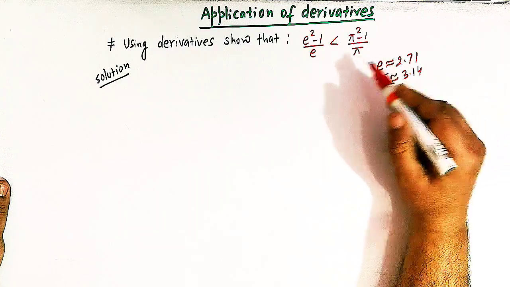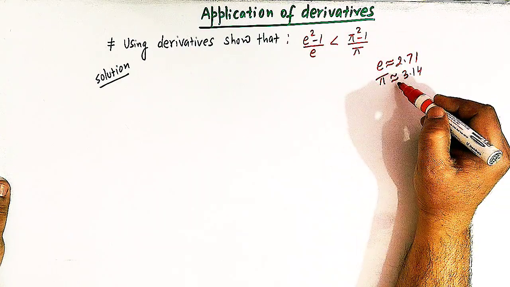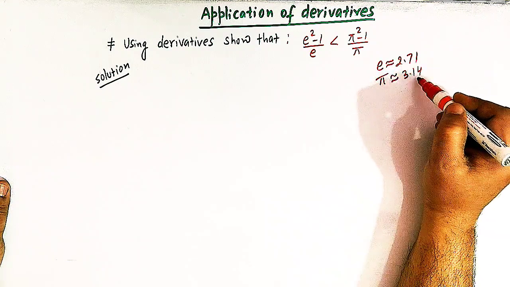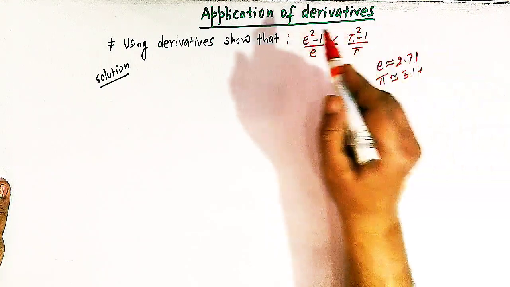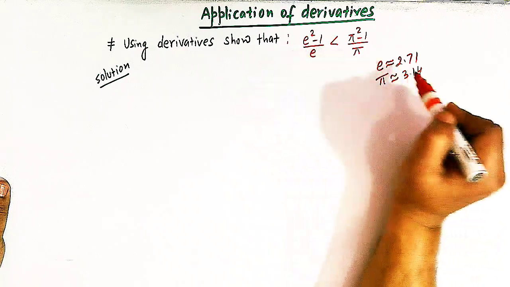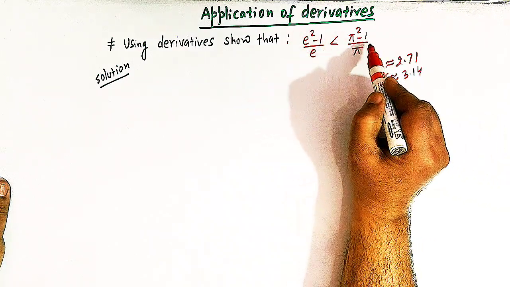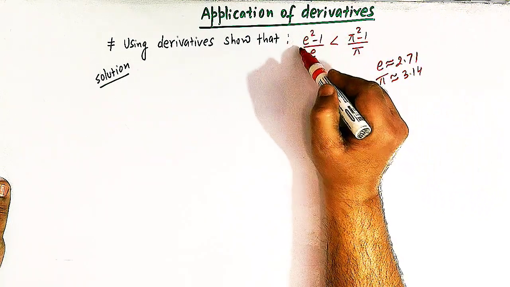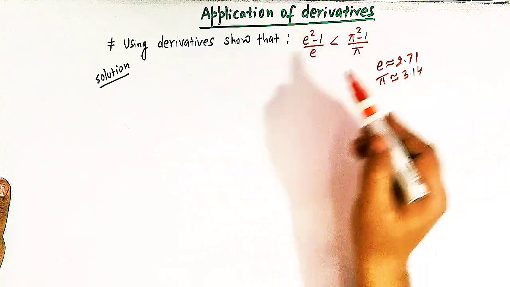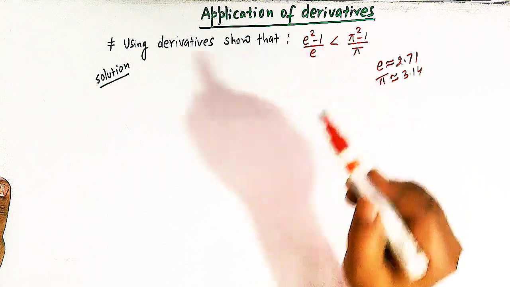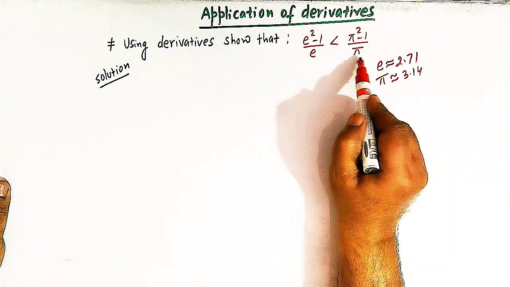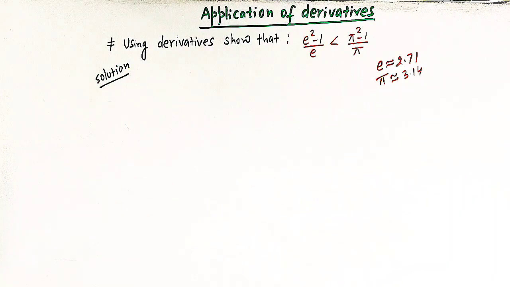So e and pi are both irrational numbers, and their approximate values are 2.71 and 3.14. If we substitute these values in this inequality, we can easily see that this expression is less than this one. But here we'll show this statement with the help of derivatives.